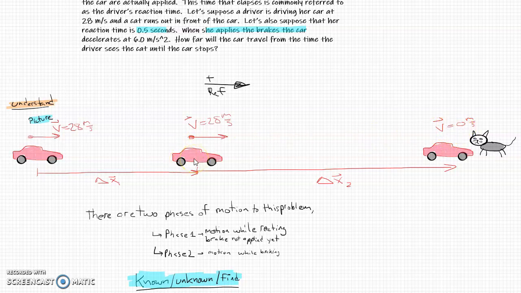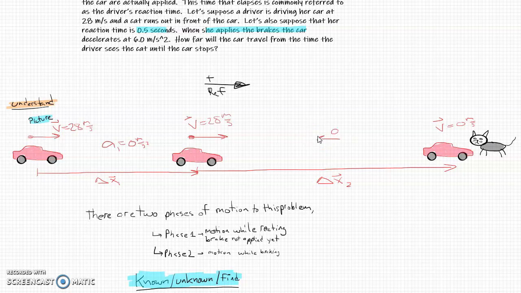So the goal is then to ask ourselves a little bit about the acceleration that's undergoing. Hopefully we understand that because between this snapshot and this snapshot it's the same exact speed, the acceleration during phase 1 is 0 meters per second squared. And as we go between snapshots 2 and 3, there is going to be an acceleration in the leftwards direction.